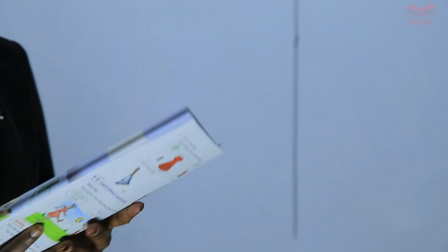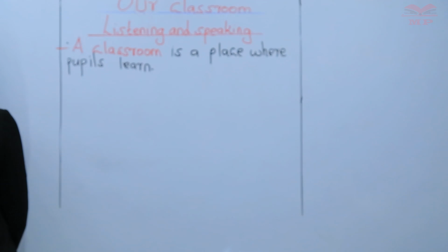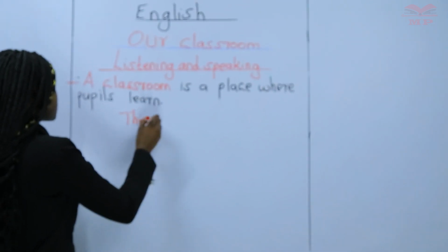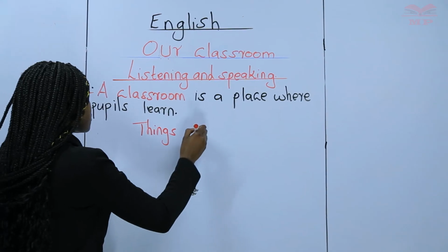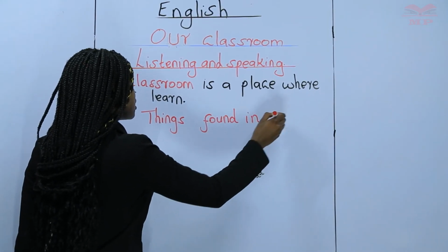So let's talk about the things that are found in a class. What are some of the things that are found in a class? So things found in a classroom.